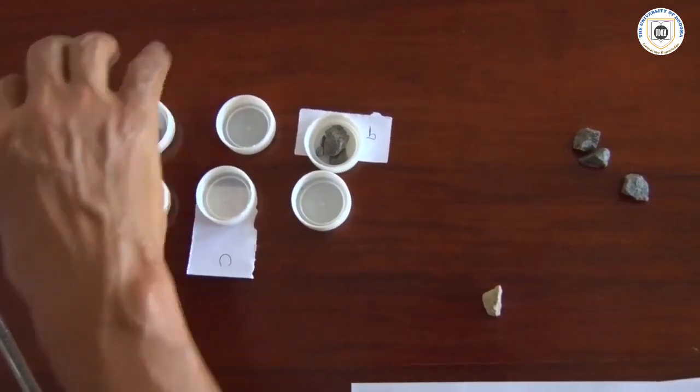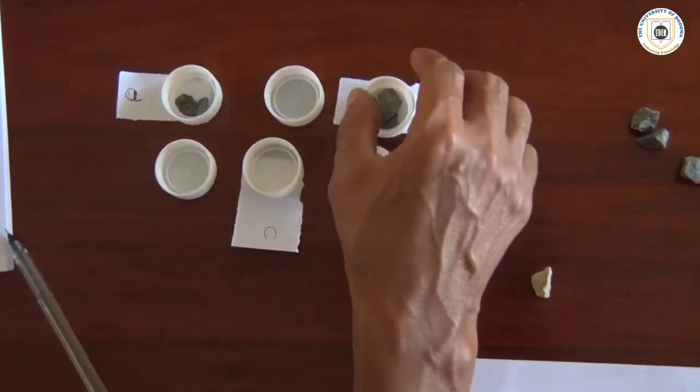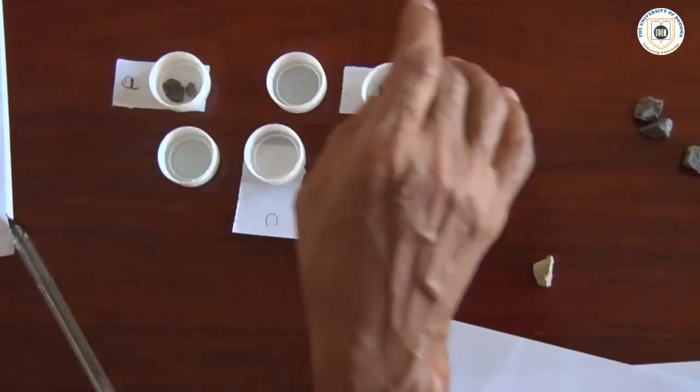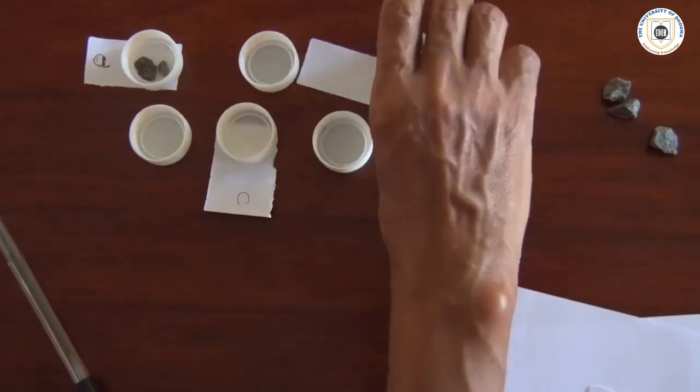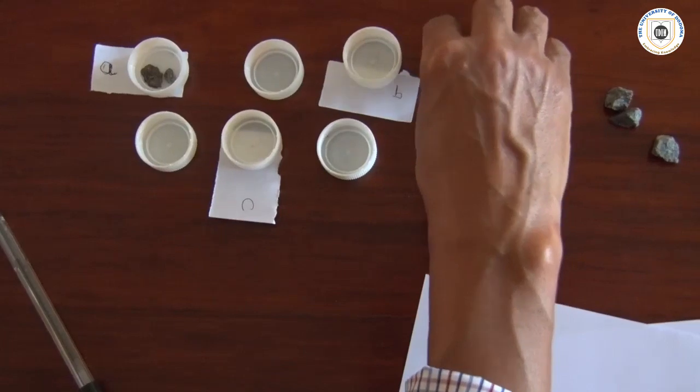The computer goes to the next line. Instead of doing A over B, it will say else, otherwise, divide what is in B by what is in A. Look here, in B there is 4 and in A there is 2. And we know that if 4 is divided by 2, then we shall have 2.